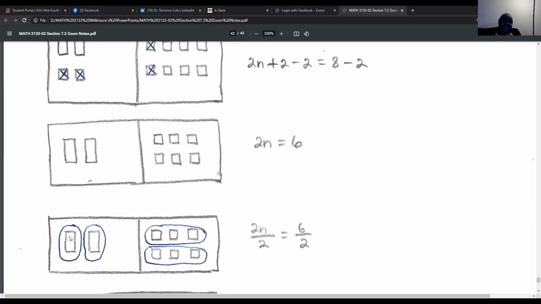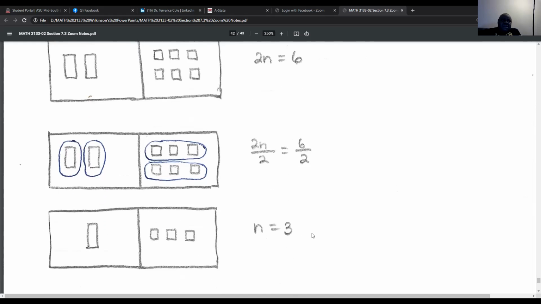Each one of those n tiles will have 3 1 tiles. So that's n is equal to 3. 1 n tile for 3 of the 1 tiles.